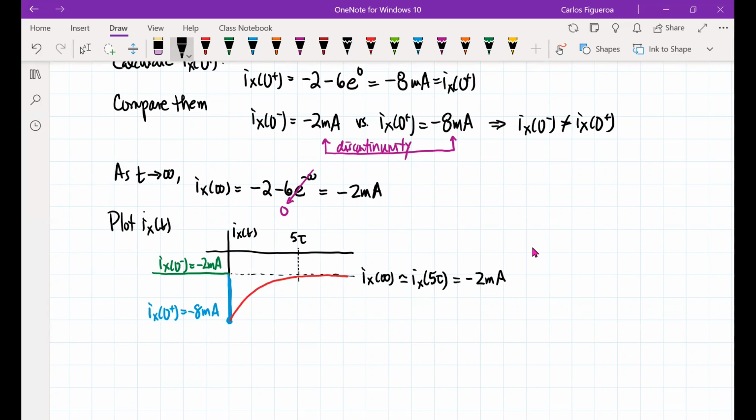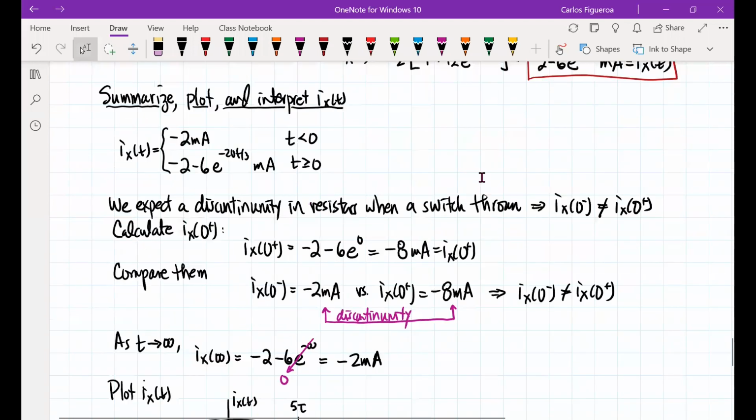So at what time is 5 tau here? So 5 tau is going to be 5 times, nope, I got it wrong. Look at that, the time constant is what?